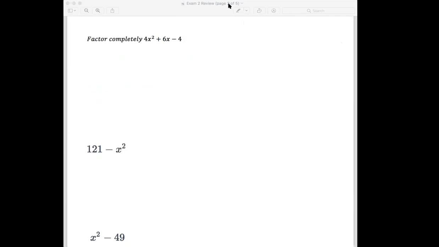Okay, this one says factor completely. Let me see how I want to do here. Our choices are GCF, dots, grouping, trinomial, or AC.